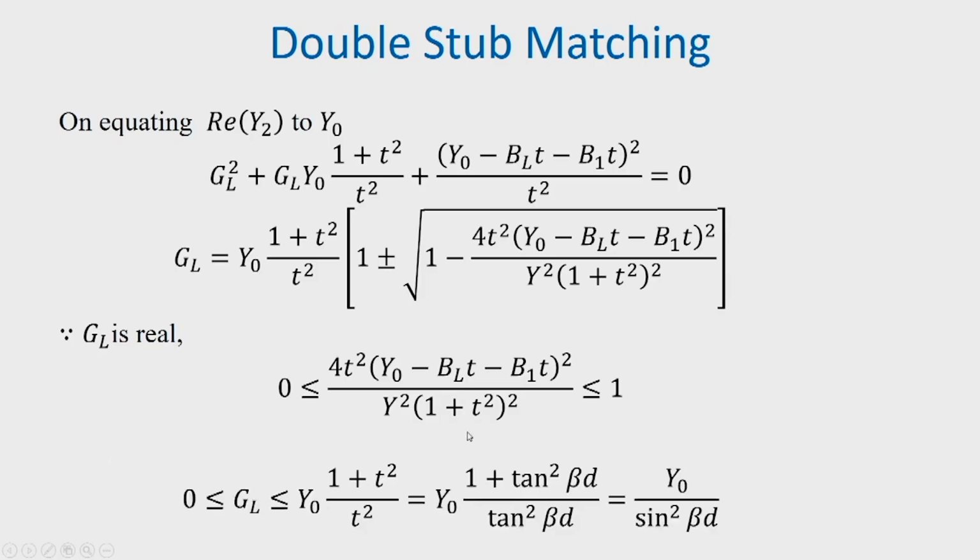And from this equation, now we can write that GL is between 0 and Y naught by sin square beta d.